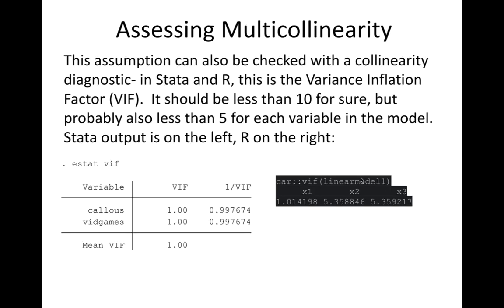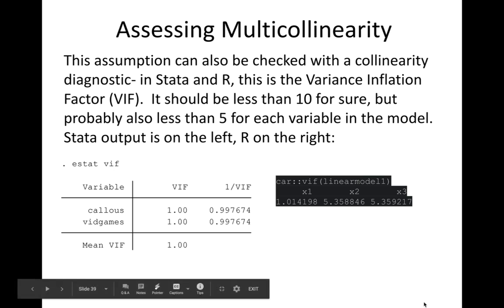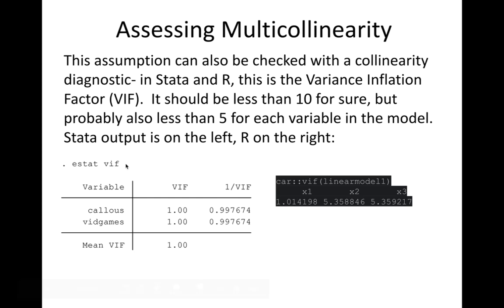The easiest way to assess this is actually with a statistic as opposed to a Venn diagram. And so there's this statistic called the variance inflation factor, VIF, and it can be easily calculated in both Stata and R. In Stata, the command is estat vif, and that's after you run your model.